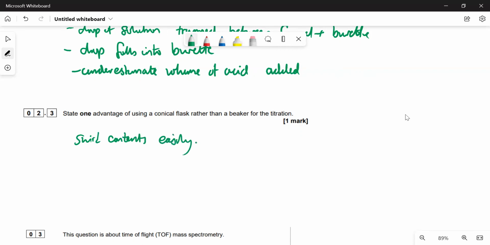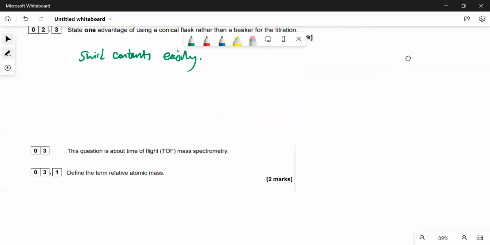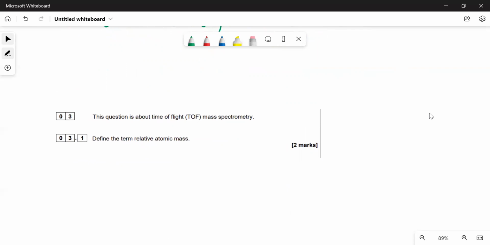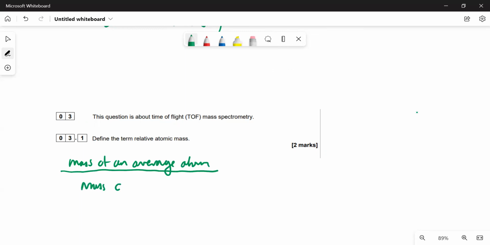Okay, now, question about time of flight spectroscopy. Define the term relative atomic mass. So that's a standard question that always exists, and you've got to know the definition for it. It is the mass of an average atom divided by the mass of an atom of carbon-12 multiplied by 12.